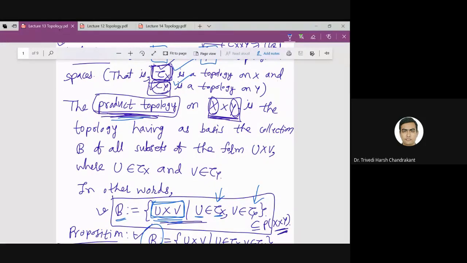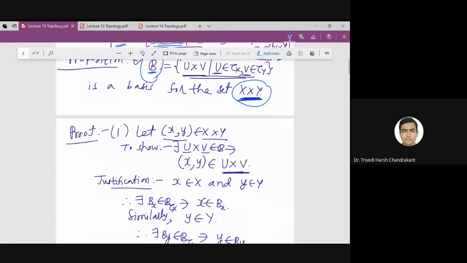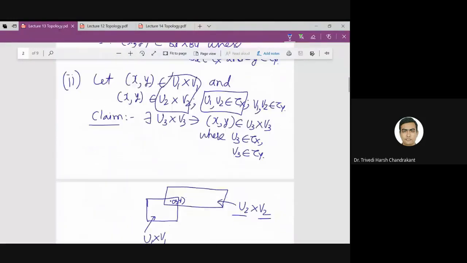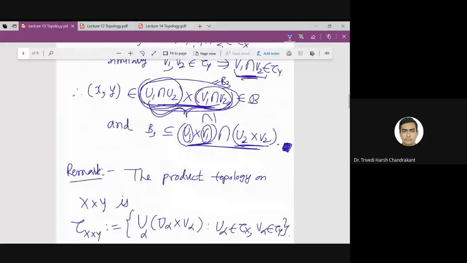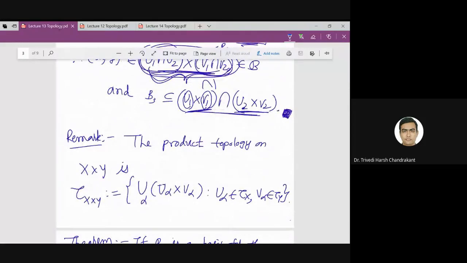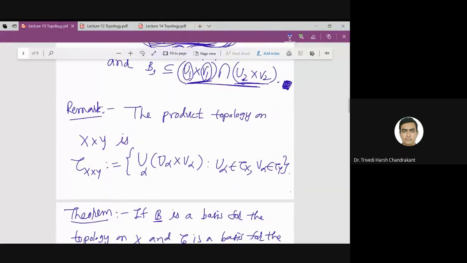That means whenever I have a topology on X and a topology on Y, using those two topologies, I can define a topology on X cross Y. Basically this is the definition of the product topology on X cross Y using the elements of tau X and tau Y. We are taking all possible unions of the basis elements.